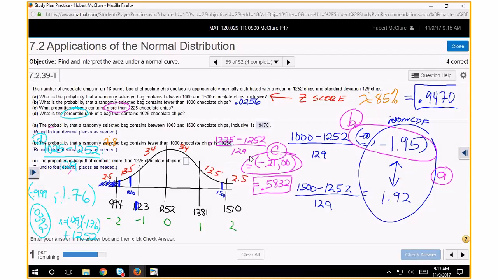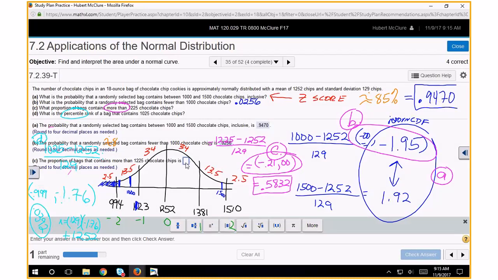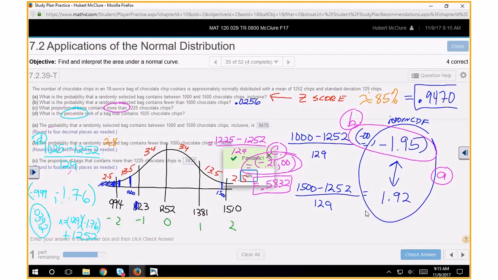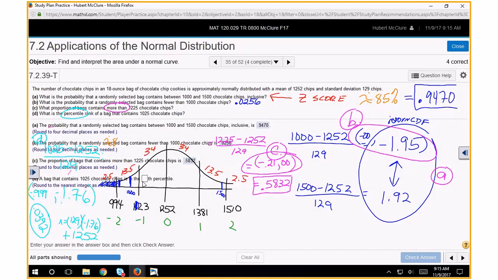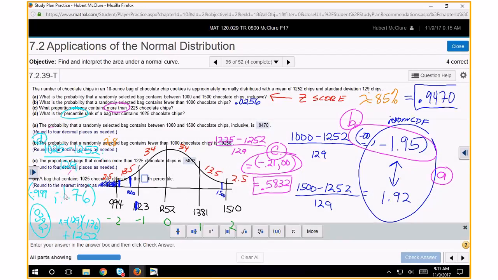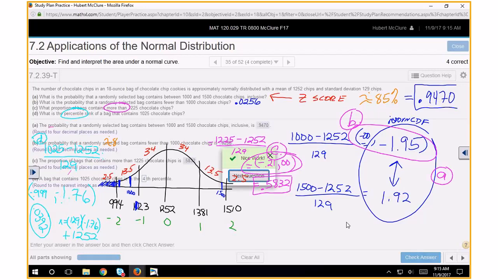Well done. C is 0.5832. Fantastic. And this one says round to the nearest integer. So 0.0392 would be what? 4. And we got that question right.